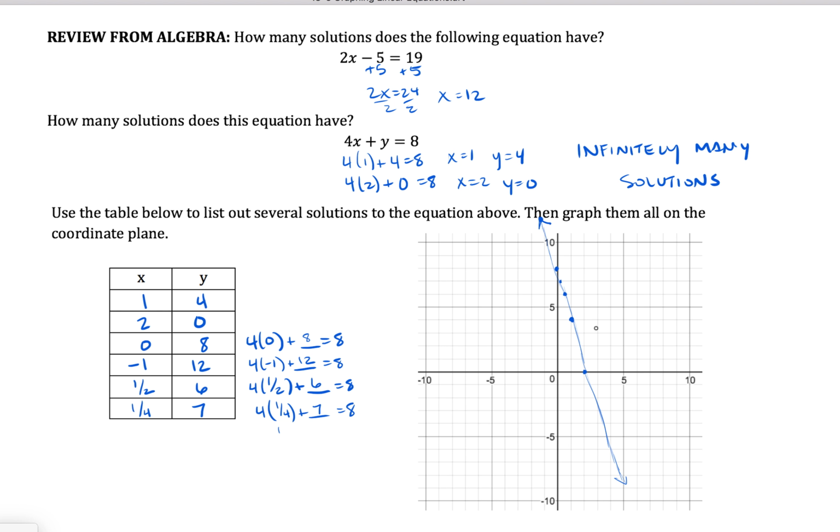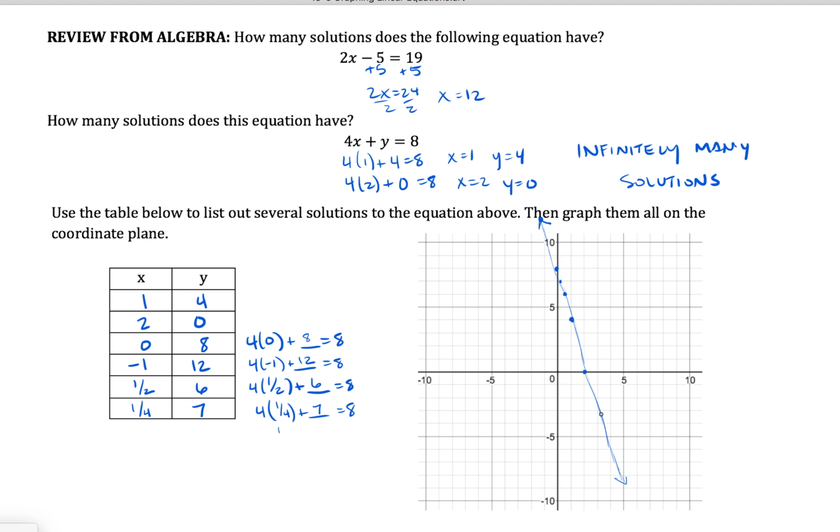And why is that? Well, this is an example of a linear equation. It's an equation whose solutions, when plotted on a coordinate plane, end up making a line. And this line represents all the possible solutions to this equation.